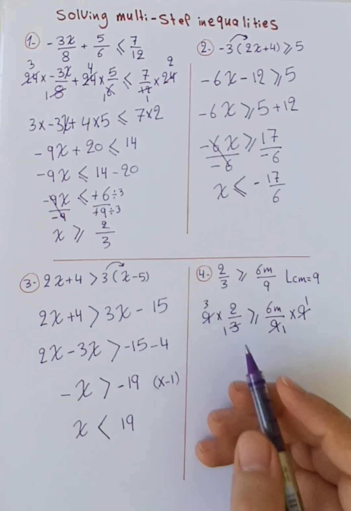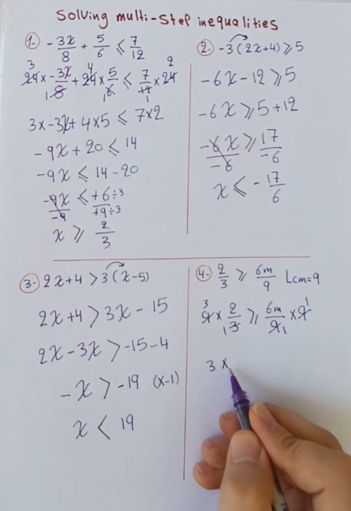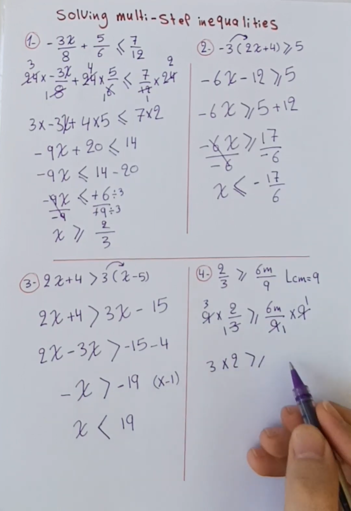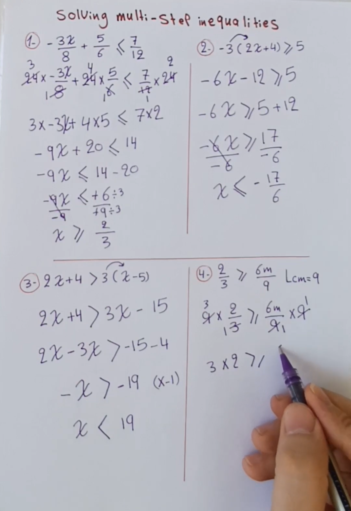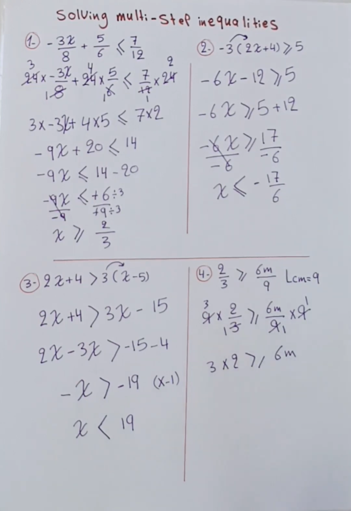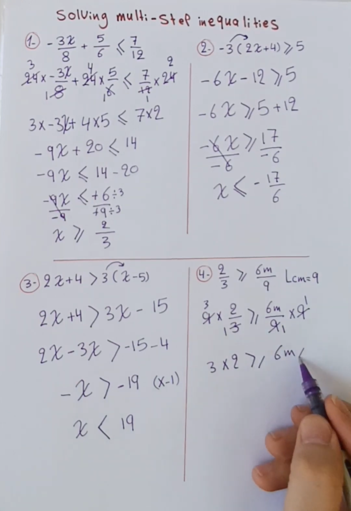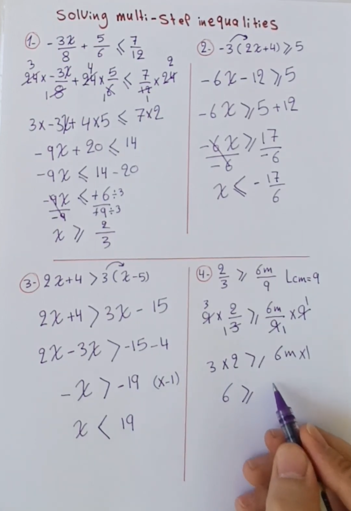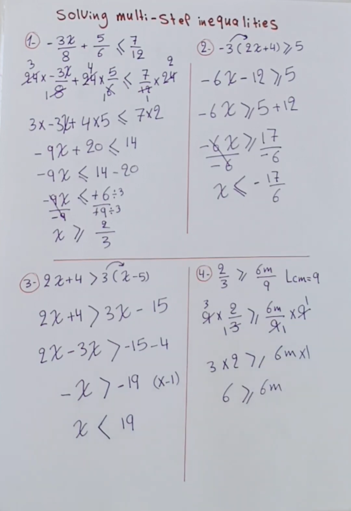So we have 3 times 2 greater than or equal to 6m times 1. 3 times 2 is 6, greater than or equal to 6m, and then we have to divide both sides by 6.